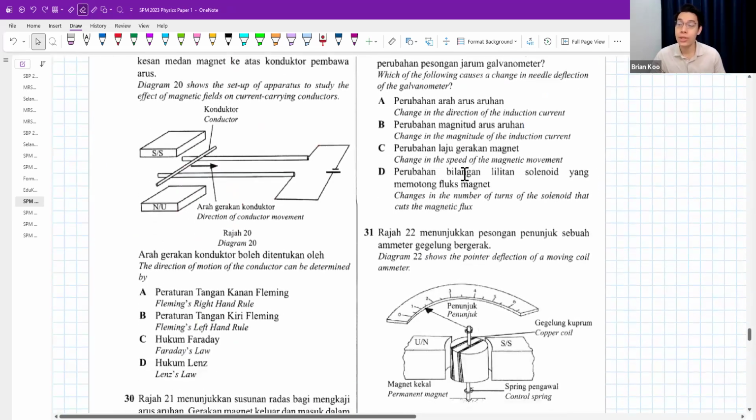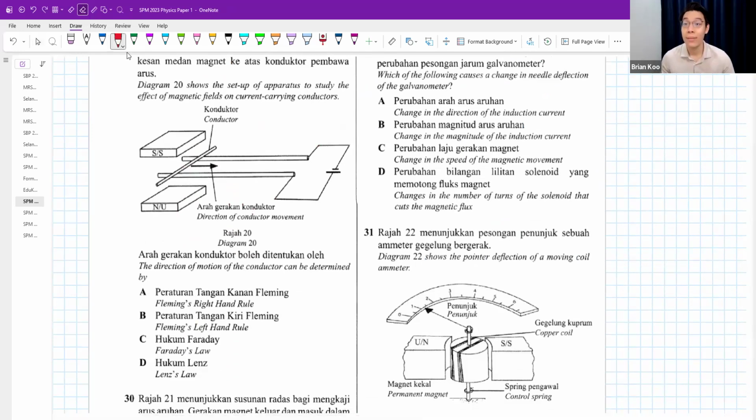Okay, question 29. The diagram shows a setup of apparatus to study the effects of a magnetic field on a current carrying conductor. The direction of motion of the conductor can be determined using Fleming's left-hand rule. If you are one of those students who are not very sure between left and right hand, I always tell my students to think about the three letters FBI: force, magnetic field, and current.